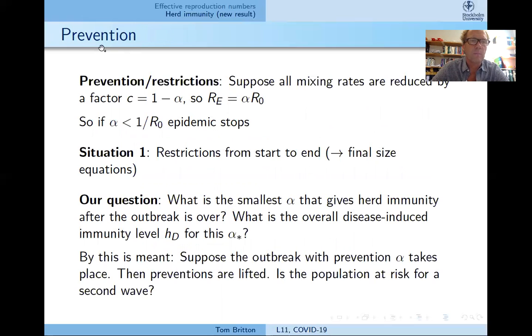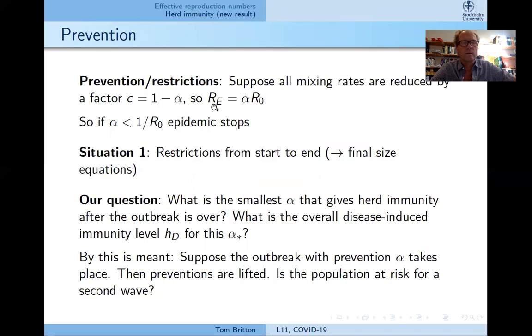Then we also inserted preventive measures and restrictions, and we did this rather in a simple form, in the sense that we assumed that all mixing rates were reduced by the same factor. So all individuals in different age groups and also in different activity levels reduced their contacts by the same factor alpha.